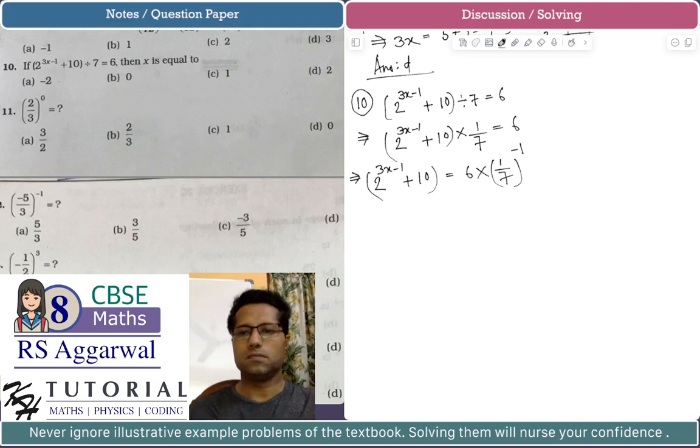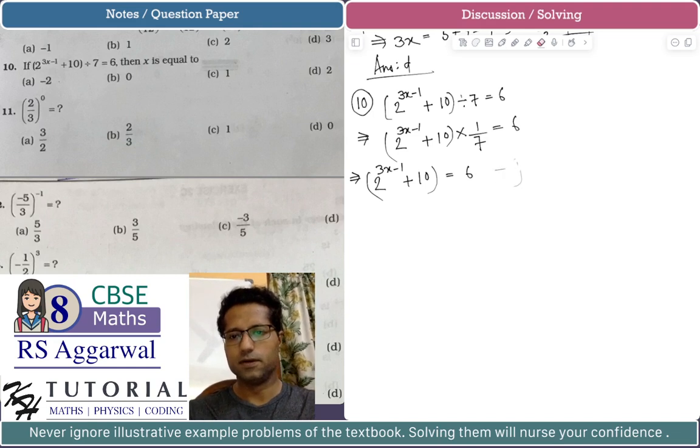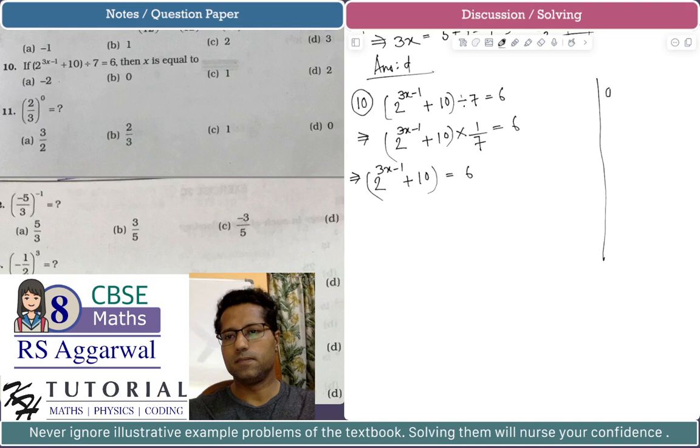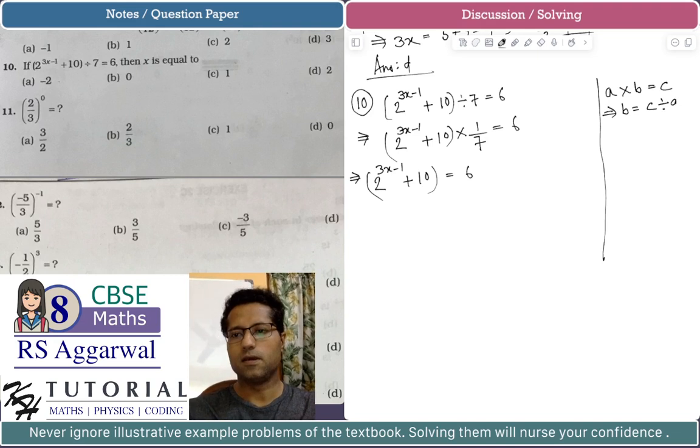Now, if this is not very clear to you, we know that if you have this kind of equation, let's say a into b equals c, this will imply b will be equal to c divided by a. Also you can say that a is equal to c divided by b.